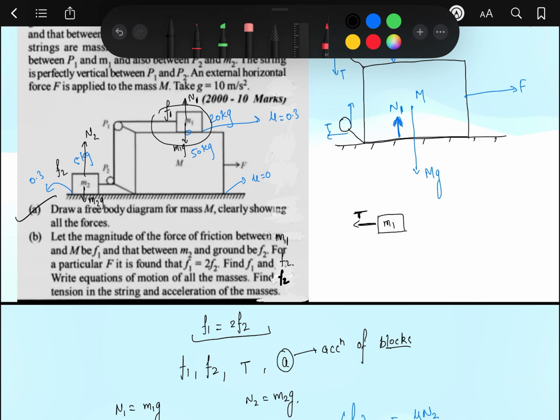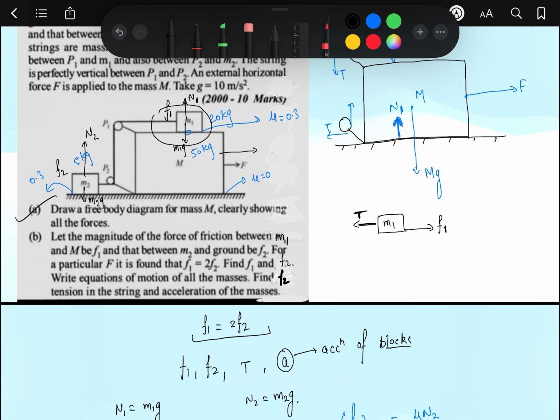This is our m1, and since the capital M has a tendency to move in the right direction, the friction force on m1 will also be in the right direction, because friction always prevents relative sliding between two bodies. Friction will always try to keep m1 together with capital M, so the friction force will act in the right direction. This is the free body diagram for m1.